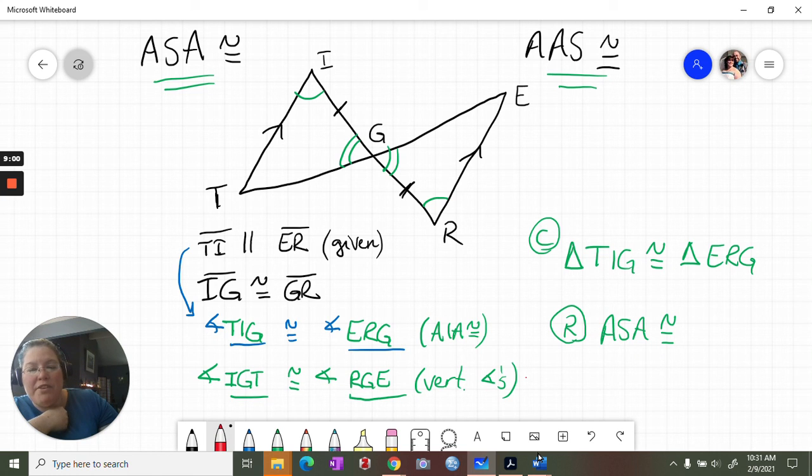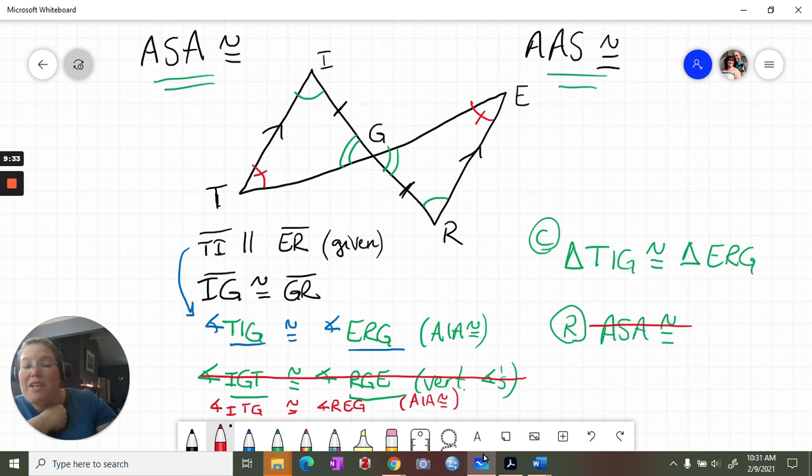Instead of using vertical angles and angle side angle, we have another set of alternate interior angles. So I could potentially say the angle ITG is congruent to angle REG, again by alternate interior angles.